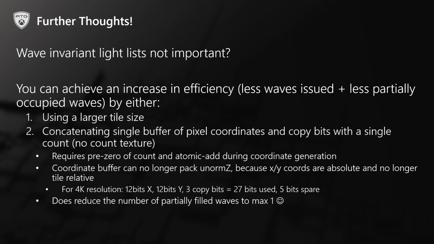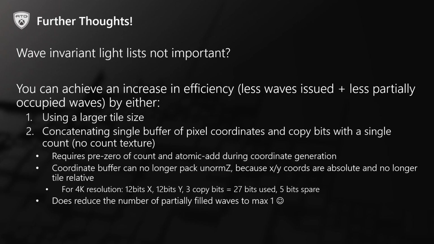The other, a completely different option, if you don't think you derive a significant benefit from this spatial locality where all the threads are processing within the same 16 by 16 tile and you have uniform data: if that's not important to you, an alternative system is that you just have a simple buffer which has the absolute XY coordinates of all the pixels that you want to go and light, and a count.